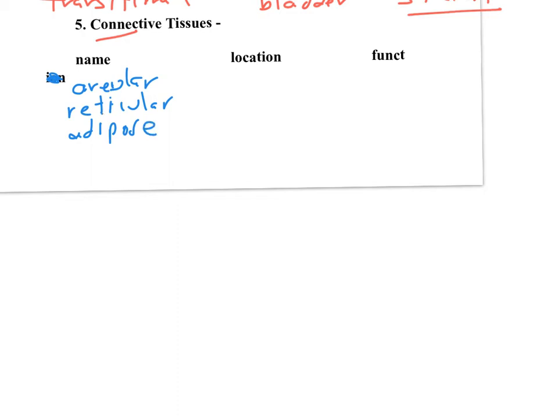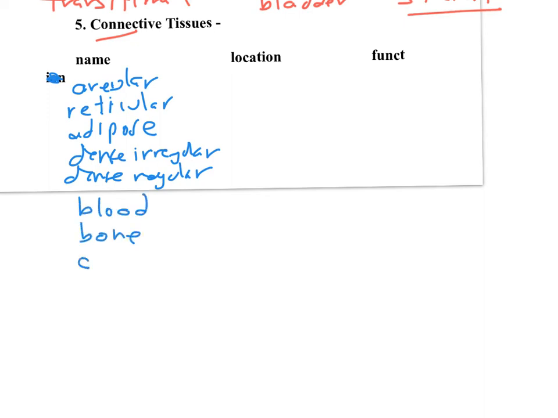Also under connective tissue proper is dense connective tissue, where the fibers are packed much more tightly: dense irregular and dense regular. Other connective tissue categories would include blood, bone, and cartilage, these supportive tissues here.